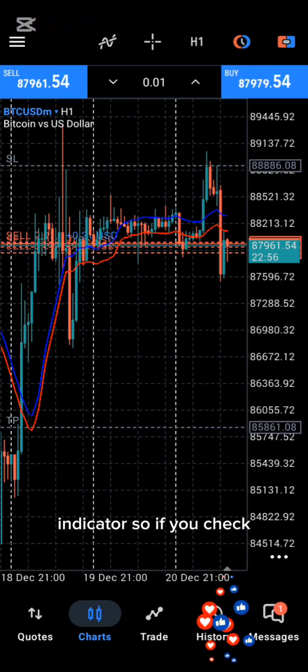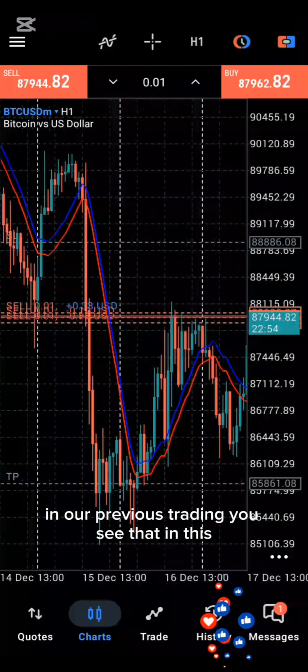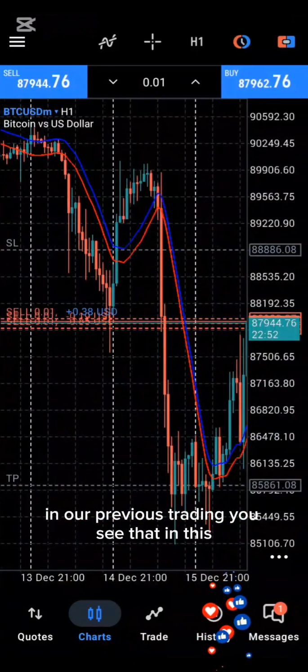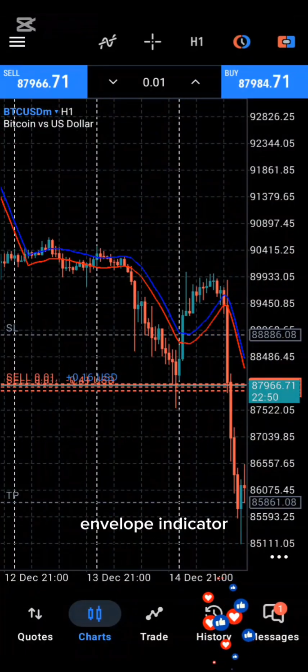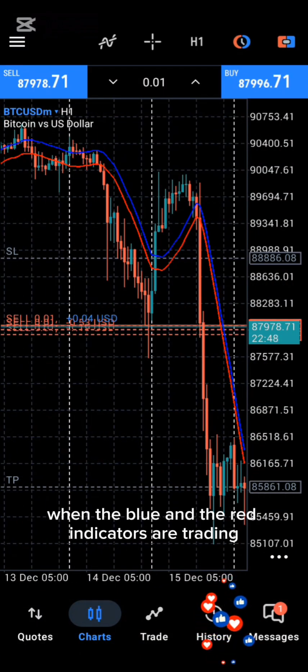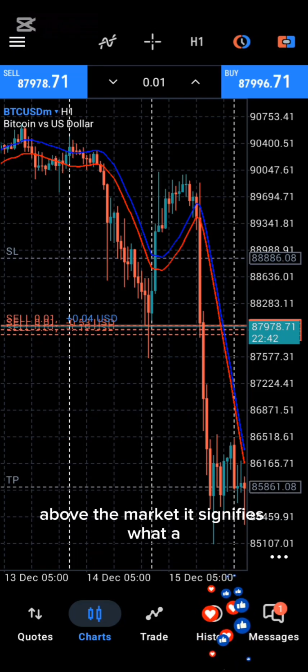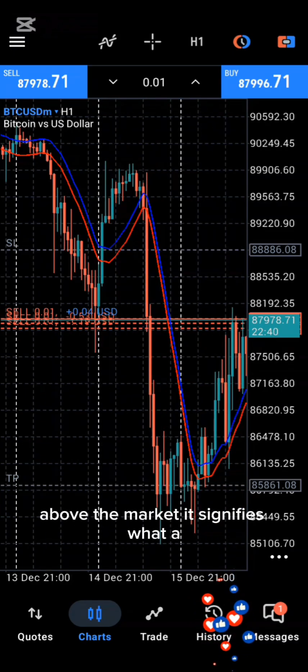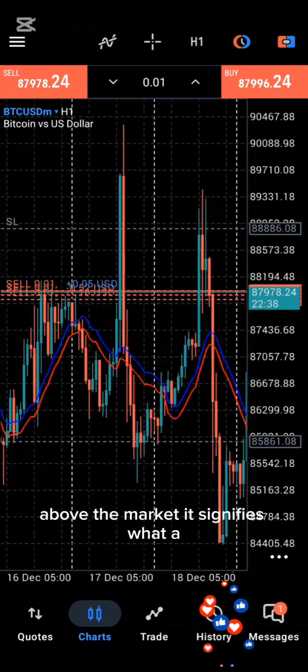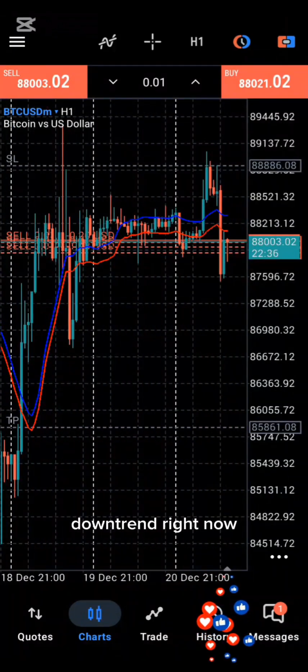So if you check in our previous trading, you see that in this envelope indicator, when the blue and the red lines are trading above the market, it signifies what? A downtrend.